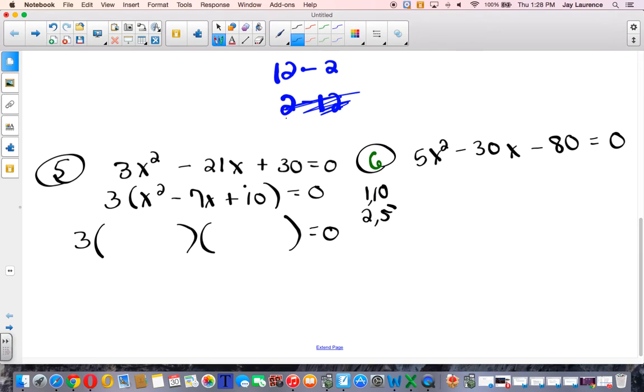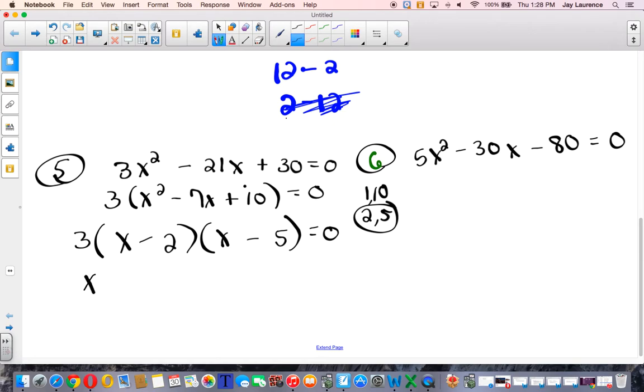I'm going to add to get 7. Looks like 2 plus 5. So we have an x and a 2, an x and a 5, and then plus in the back, it's Wendy's double stack. Boom, boom, they're both negative. There we go. All right, now, because it equals 0, I have to solve. I have to take each quantity and set it equal to 0 and solve it. Some of you will know how to do this. Some of you are going to be rusty on it.